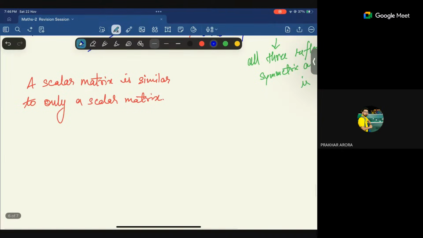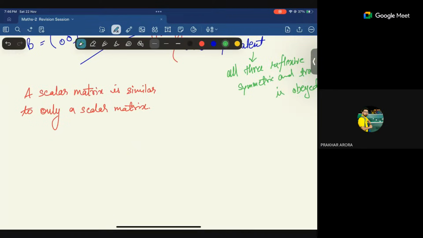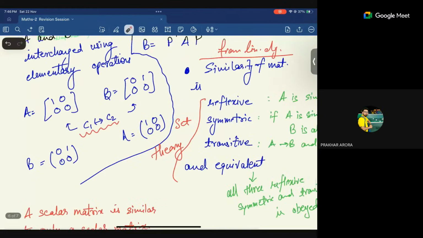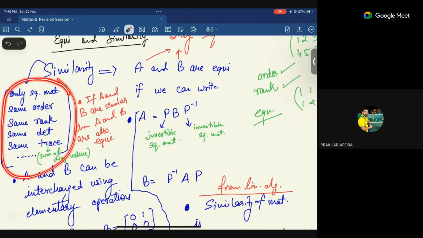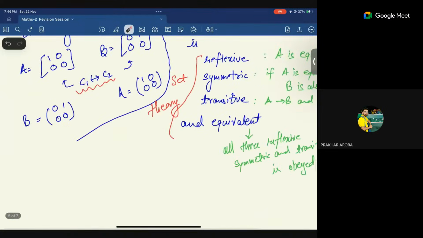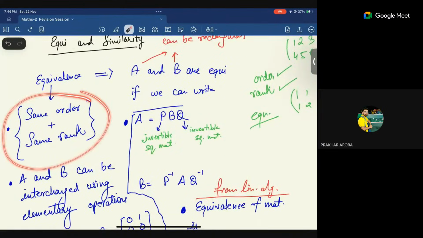Now I have not mentioned the facts, but you should learn facts like A and A transpose are similar or they are equivalent. These are such questions which you should check on the internet. Please check which special pairs are similar, which special pairs are equivalent. Just remembering these would be enough, for similarity this, and for equivalence this.